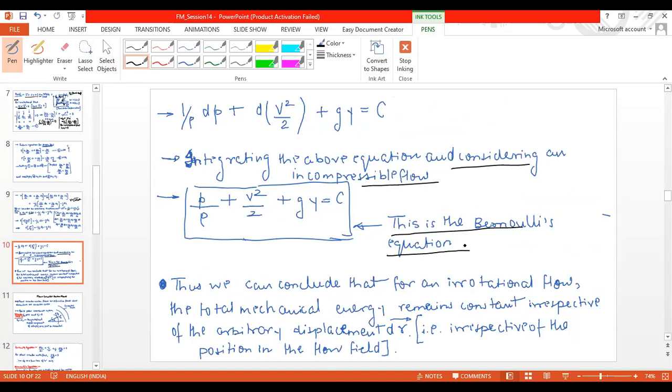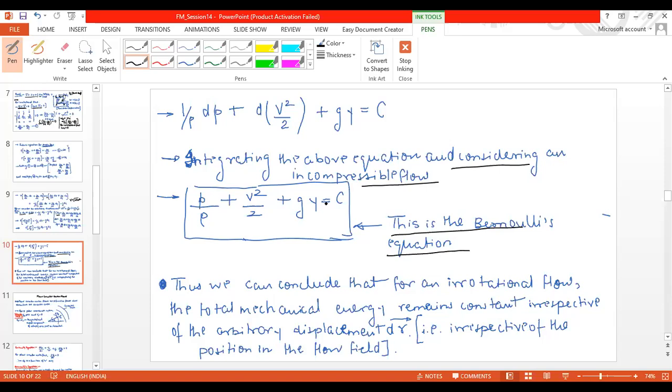Now let us have a complete picture of this. We started with the condition for irrotational flow, which was that the curl of V vector is equal to 0. That means delta V by delta x should be equal to delta U by delta Y. Now we used this condition for irrotationality in the Euler equation of motion, and finally we found an equation of energy for irrotational flow.